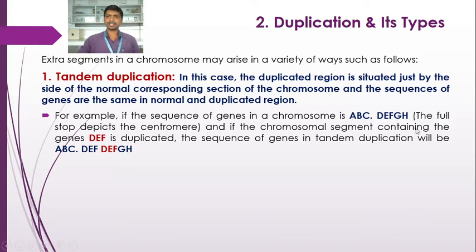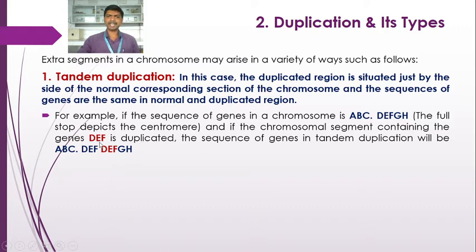If the chromosomal segment containing the genes D, E, F is duplicated, then the sequence of genes in tandem duplication will be A, B, C, D, E, F, and this is the duplicated portion, again D, E, F, G, H.